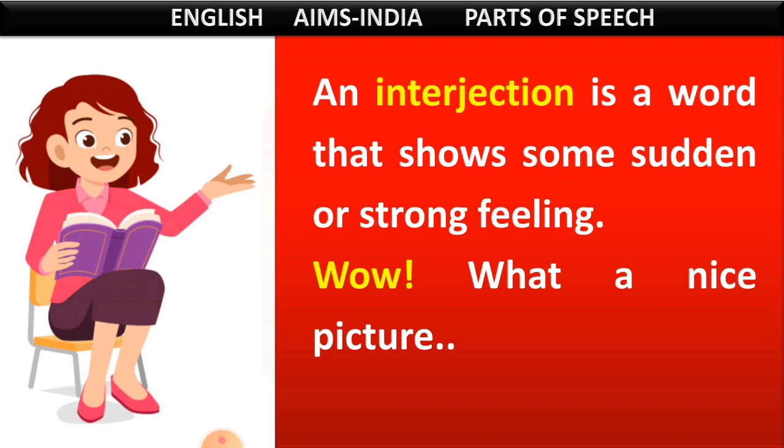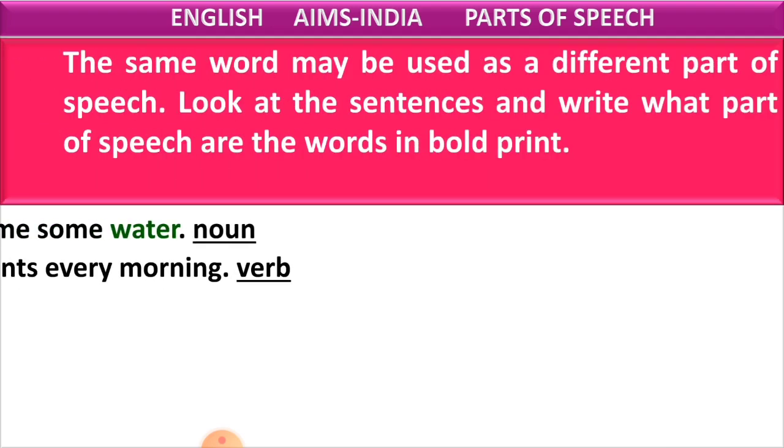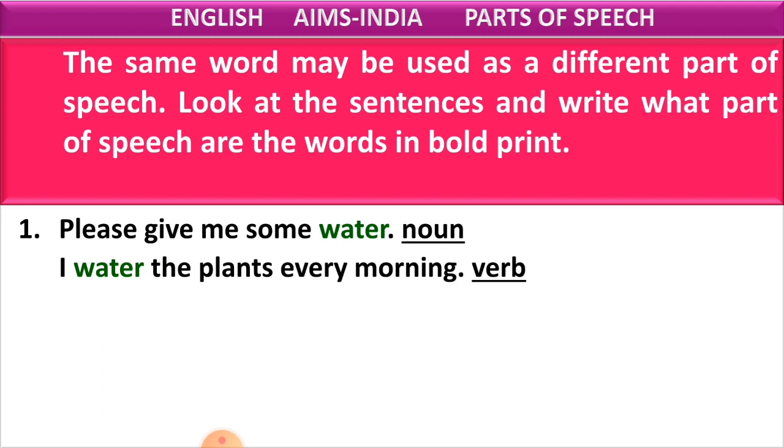Now clear children, all the 8 parts of speech. Now we'll just continue these parts of speech by doing some exercises. Yesterday we have done some. Today we'll do some more exercises. So here what we have to do is, the same word may be used as a different part of speech.